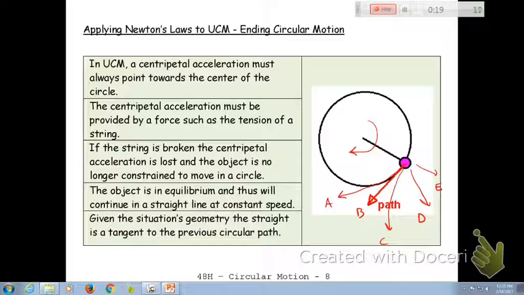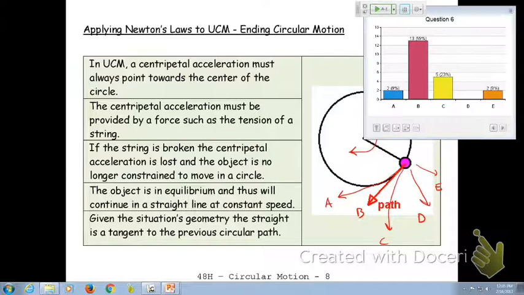If you like, you're tied by a piece of string and he cuts the piece of string. I'll give you a couple more seconds because it was a good question. Okay. What do we say?